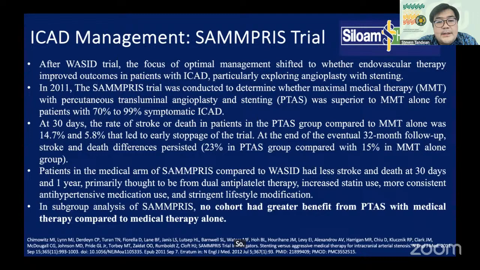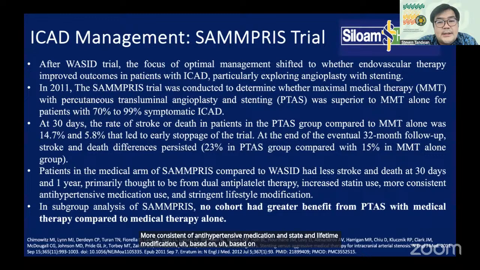The primary thought was that dual antiplatelet therapy, increased statin use, more consistent antihypertensive medication, and certain lifestyle modifications were the reasons, based on these two trials. And in the subgroup of SAMMPRIS, PTAS with medical treatment did not have a great benefit for ICAT.